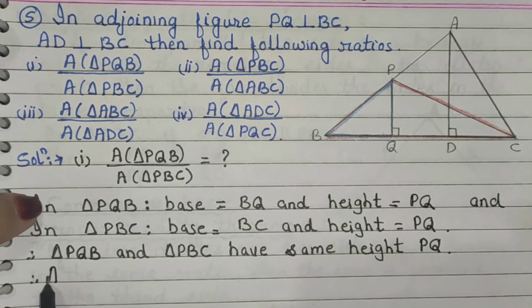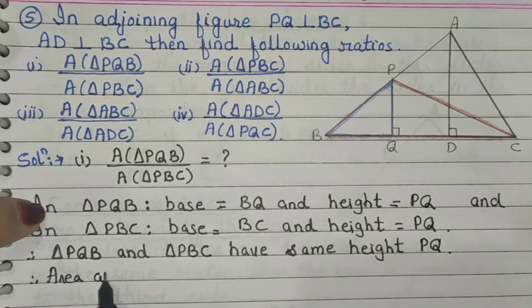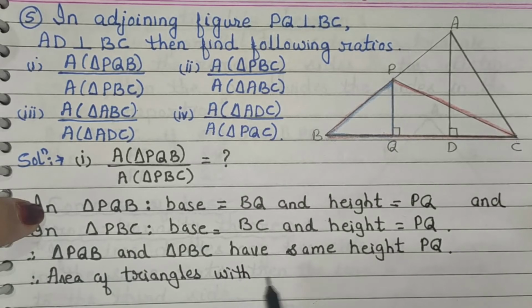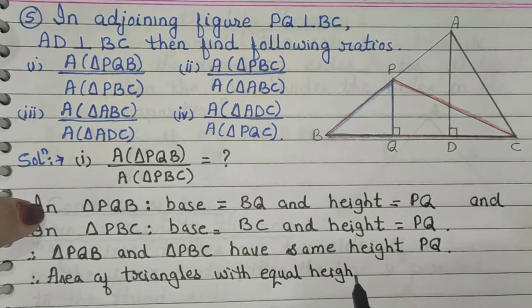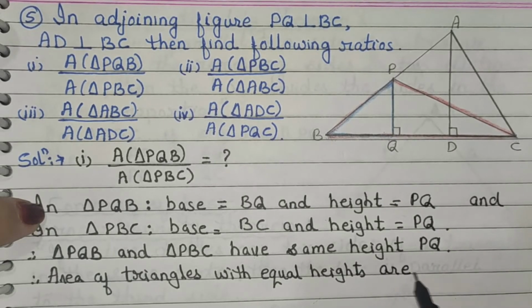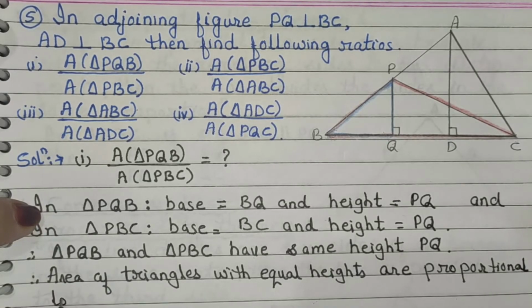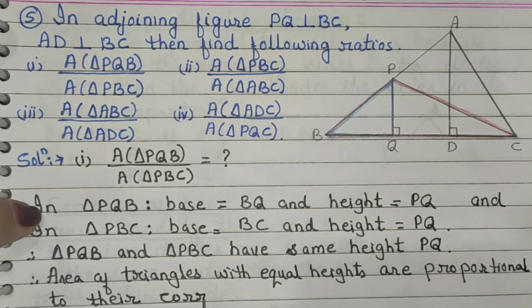Therefore, we know that areas of triangles with equal heights are proportional to their corresponding bases.